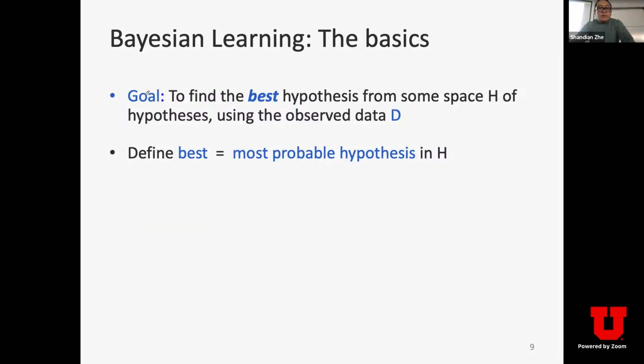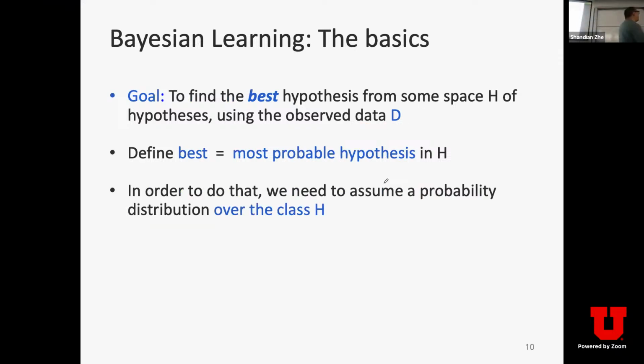Our goal is to find the best hypothesis from some designated hypothesis space H using some training data D. In Bayesian learning, they define the best hypothesis as the most probable hypothesis in H. How can we fulfill that? How can we describe or quantify what it means to be the most probable hypothesis?